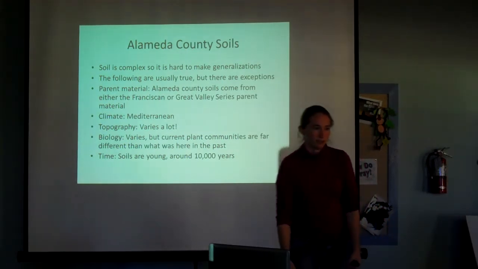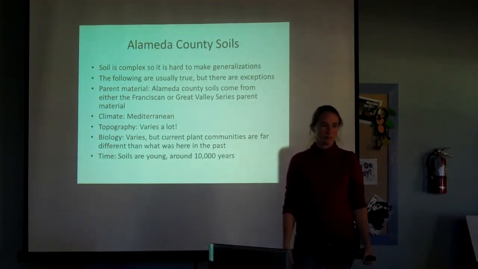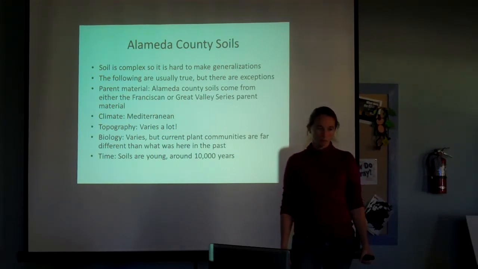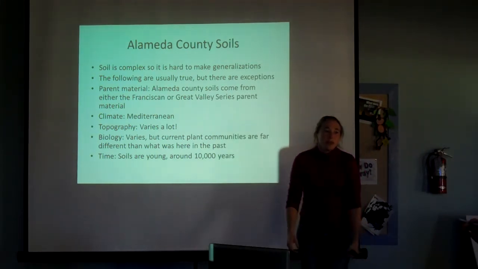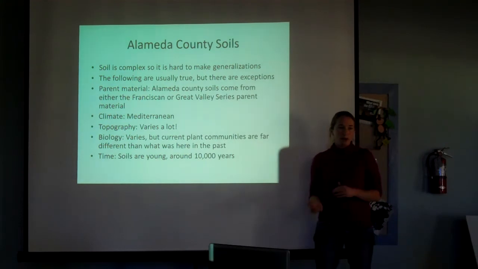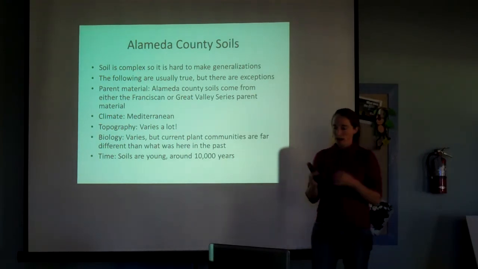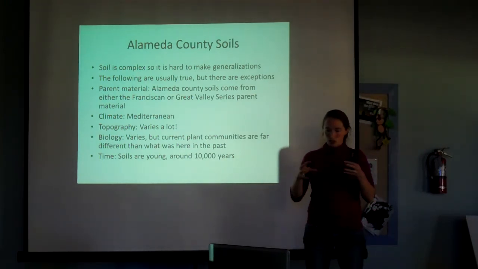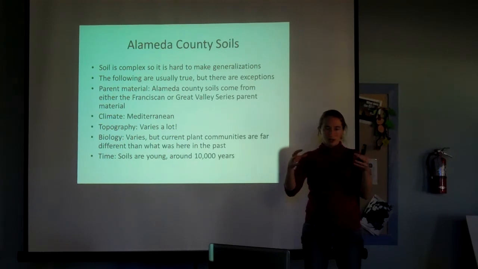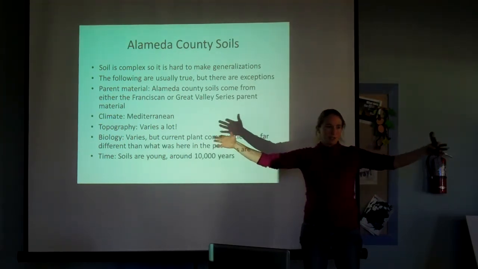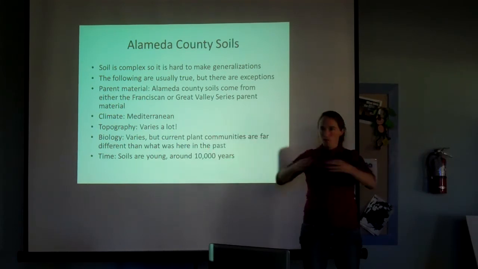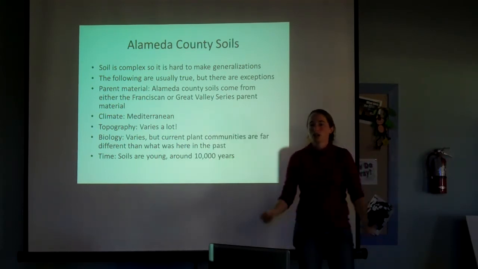When I used to live in Livermore, I don't any longer, my soil there was very gravelly. That's from the alluvial parent material. When mountains erode, the biggest chunks, the boulders, are deposited really close to the creeks, and then finer and finer material is deposited as you move away from the creeks.